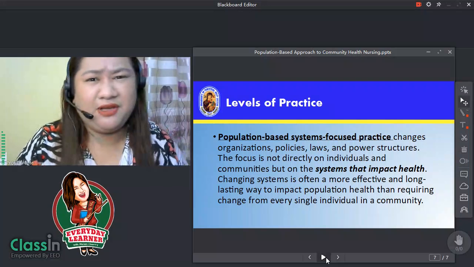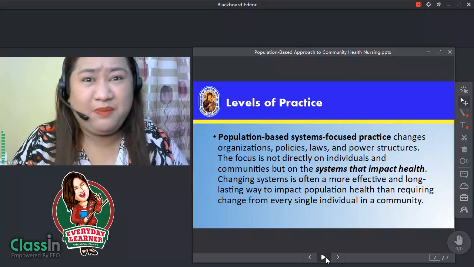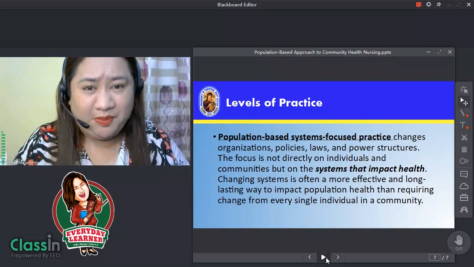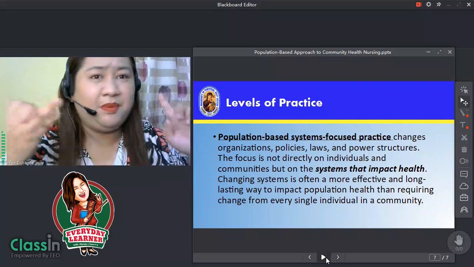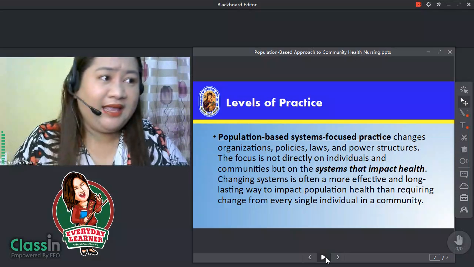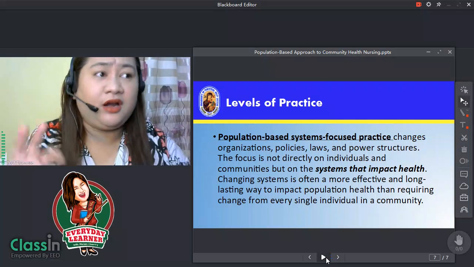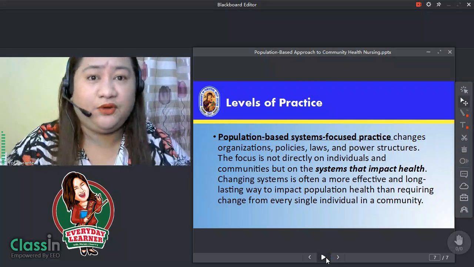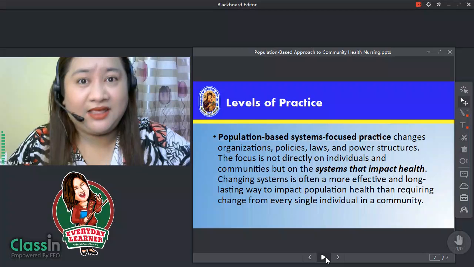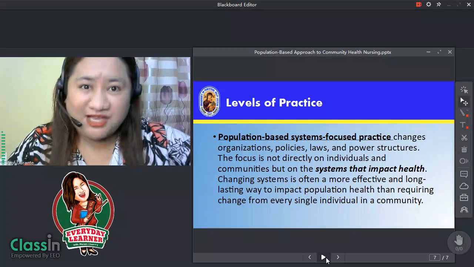So let's say, for example, in your situational analysis there are many people in your community experiencing diarrhea, many people experiencing food poisoning, and you've seen that there are a lot of street food vendors. So that's one way of targeting the health policies, the systems that implement health.